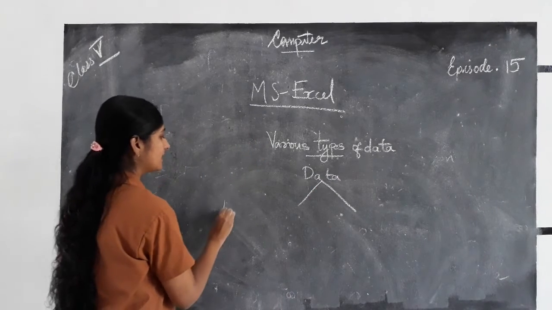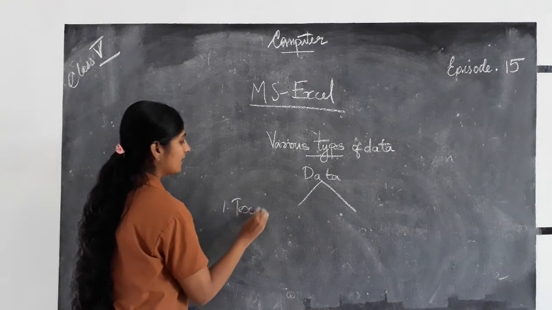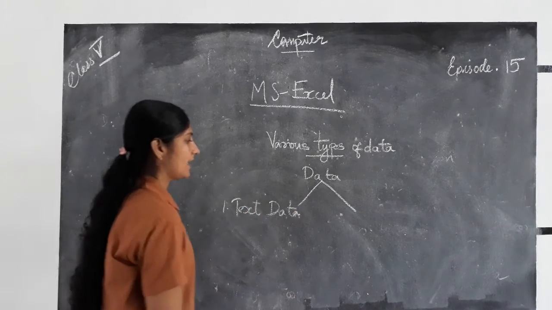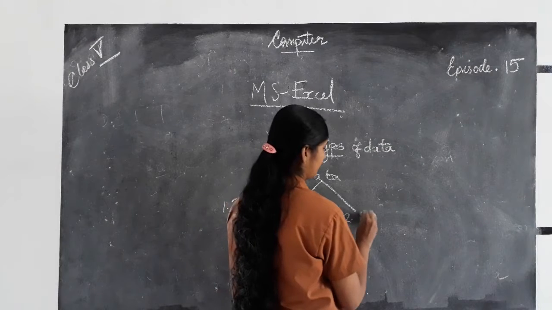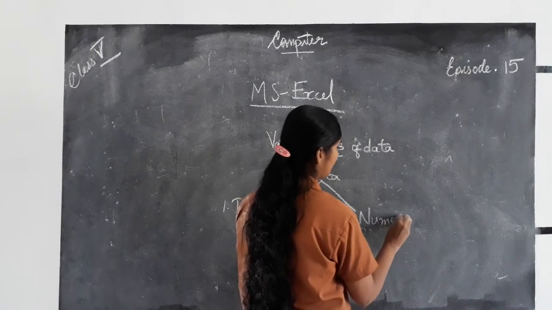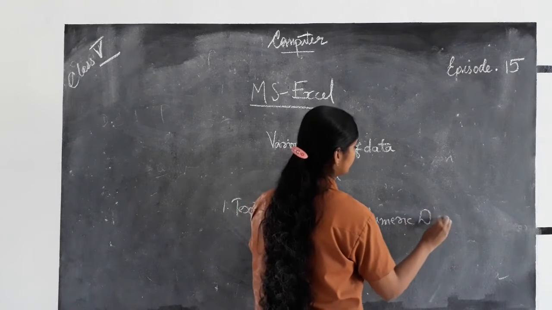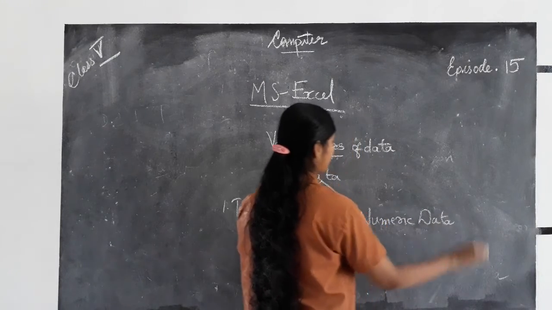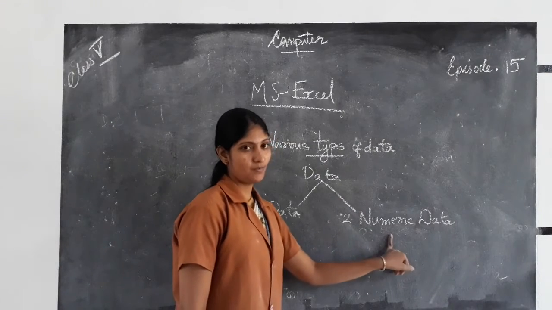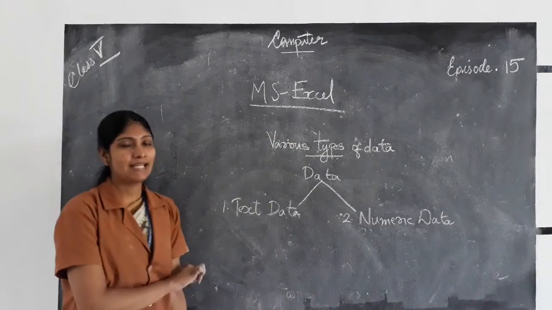First one, text data, and second one is numeric data. Then what do you mean by text?